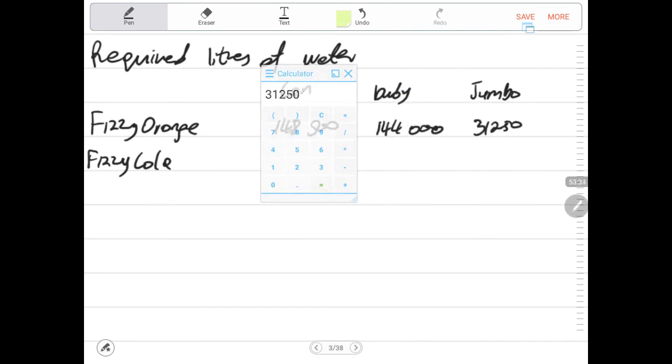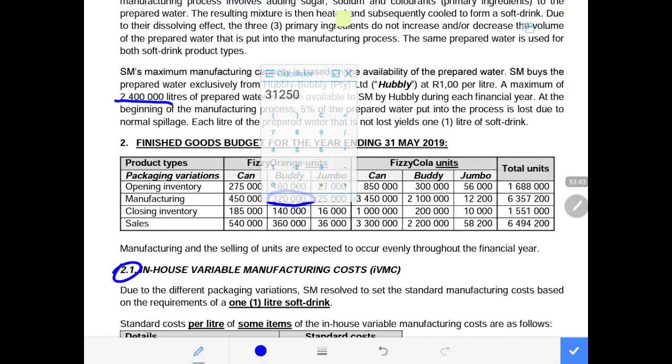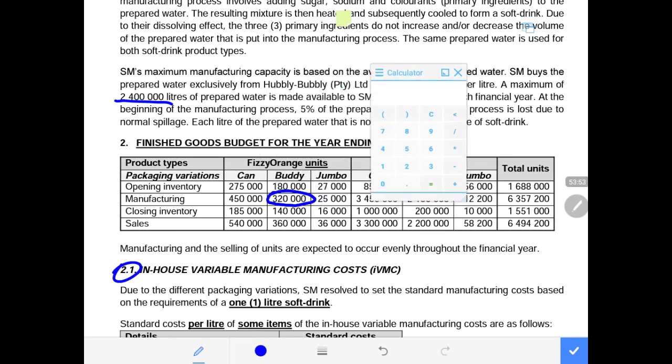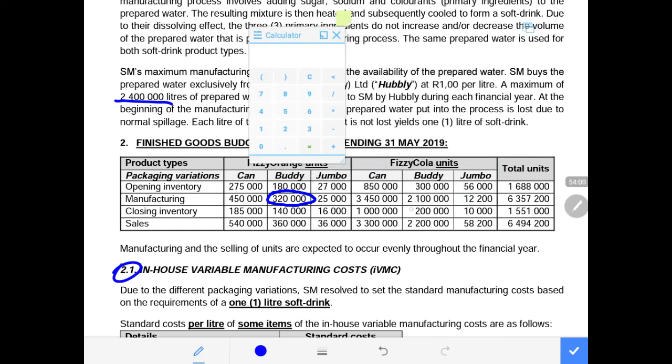Then we continue to the second product type that we are planning to produce. It has a total production of 3,450,000 units, times 330.